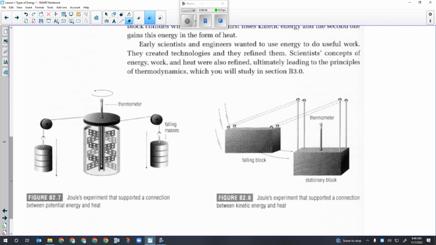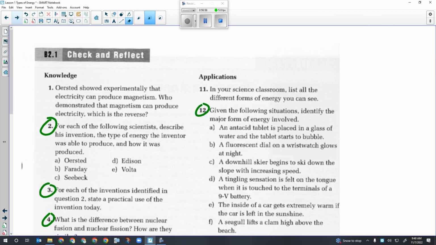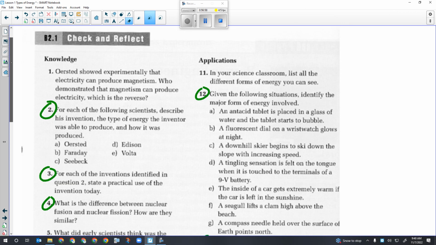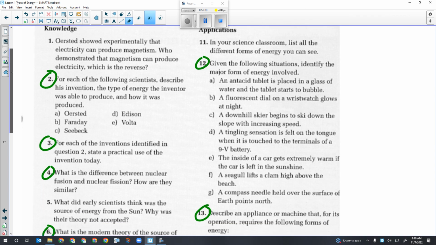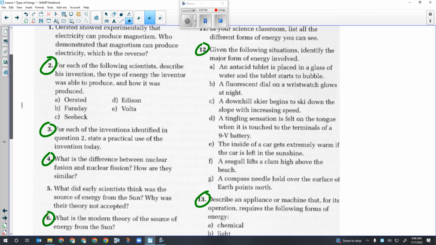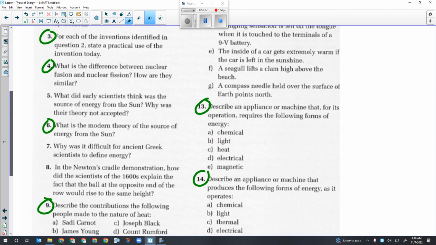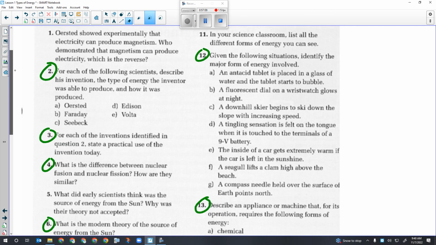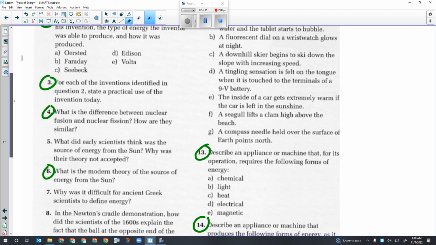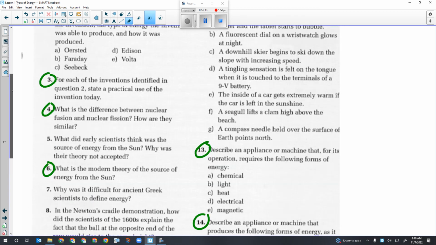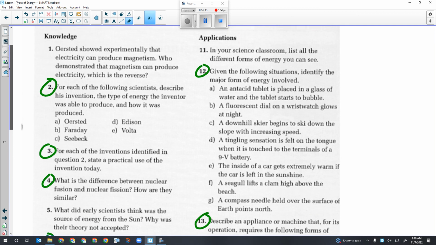Okay. All right. I would like you guys right now to please answer the questions that are here. So 2, 3, 4, 6, 9, 12, and 13, and 14. They're mostly stuff you can just look up in those notes.